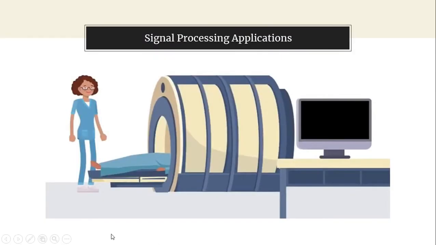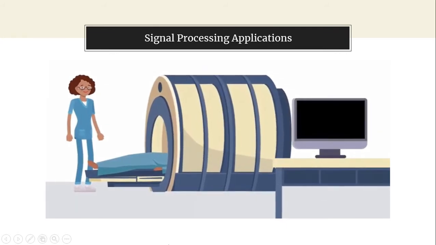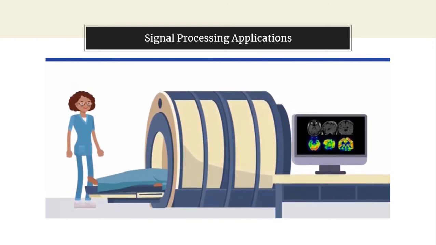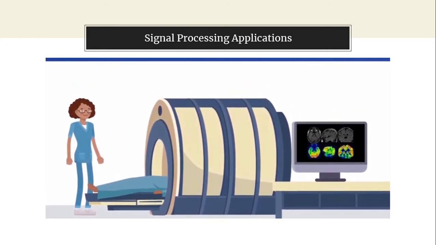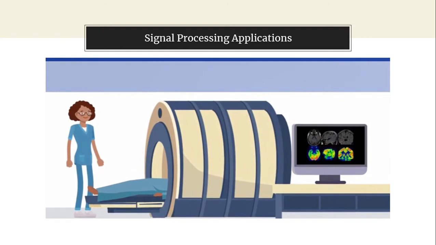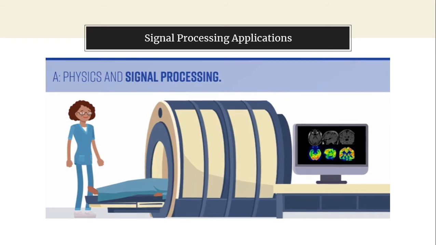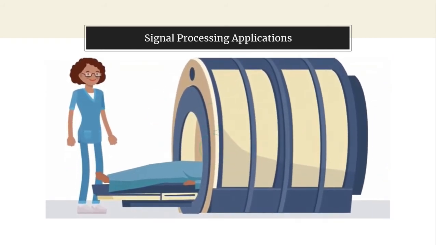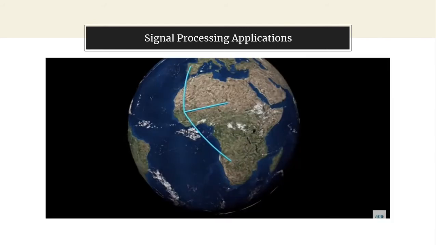Let us see what are different types of signals that we observe all around. The very first thing, biomedical signals, the signals that we observe normally in MRIs. The physics behind this process is that signals are transferred in the form of magnetic energy, and we try to scan the body effects.